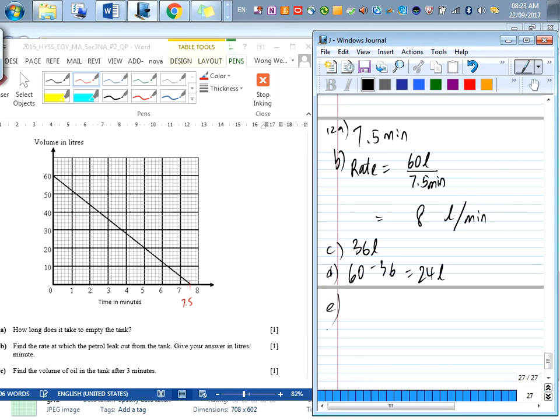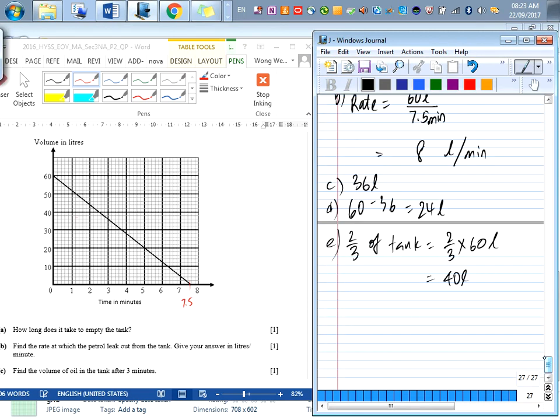And part E, find the time taken to empty 2/3 of the tank. So 2/3 of the tank, how much is gone? 2/3 of the tank equals 2/3 of, means times, the original, 60 liters. This gives me 40 liters. So how long does it take to empty out 40 liters?